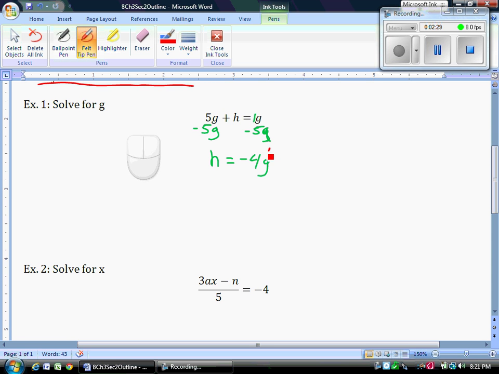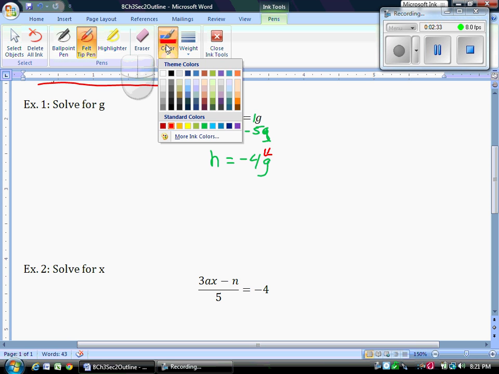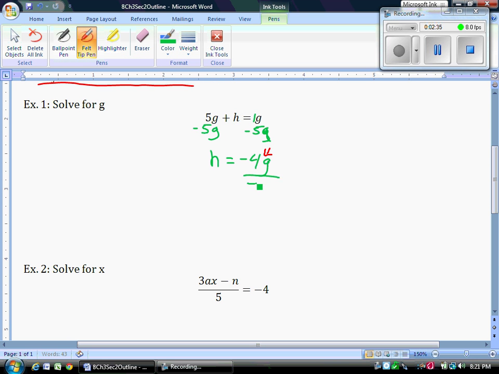Right here I have negative 4 times g. The way that I undo multiplication is with division. So I divide by negative 4 to cancel it out. And what I end up with is h over negative 4 equals g. Now the equation is solved for g.